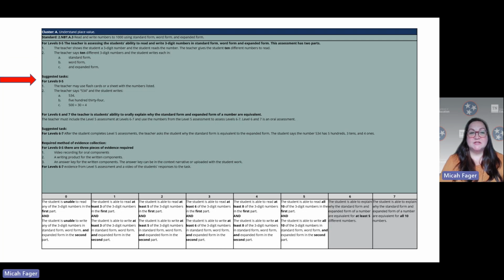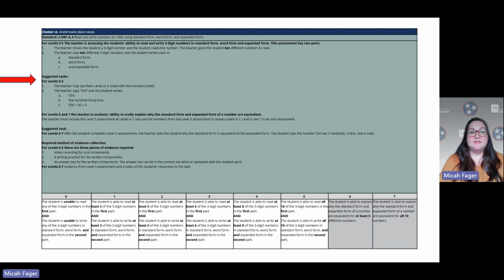Under suggested tasks for levels 0 through 5, there are suggested ways that the teacher may assess the two parts. In example 1, the teacher may use flashcards or a sheet with the numbers listed. For part 2, it gives an example of the teacher saying 534.